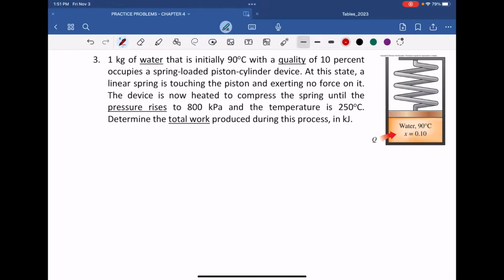The device is heated to compress the spring until the pressure rises to 800 kilopascal and the temperature is 250. Determine the total work produced during this process. So what do they mean is find the boundary work when the boundary moves, meaning the piston in the piston cylinder device moves.